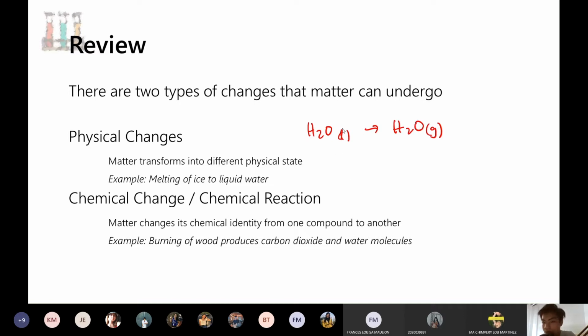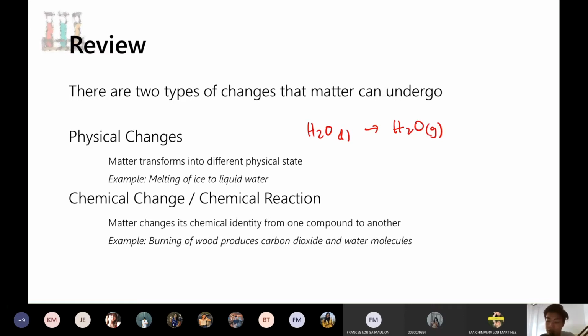So take note na we are indicating the phase of matter dito, no. So pag nakita niyo yung mga ganyan, same formula pa rin, however, nagbago yung kanyang appearance, no, from liquid to gas, then that means physical change lang 'yon. However, when you say chemical changes naman, there are changes in the chemical identity of your matter. Nagbabago yung identity niya. When you say identity, nagbabago yung kanyang chemical formula.